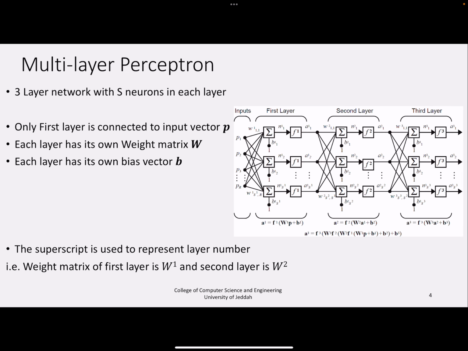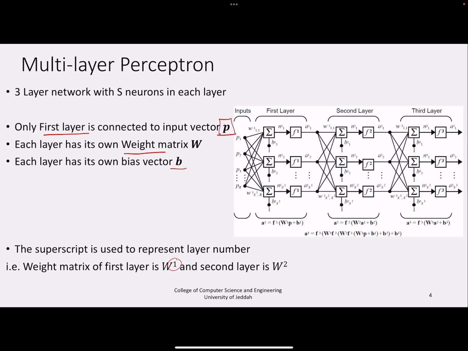So this is what a multi-layer perceptron looks like. In this case, it is an example of a 3-layer network. This should be familiar to you by now. Only the first layer, of course, receives the input vector P. Each layer has its own weight matrix, and each layer has its own bias vector.